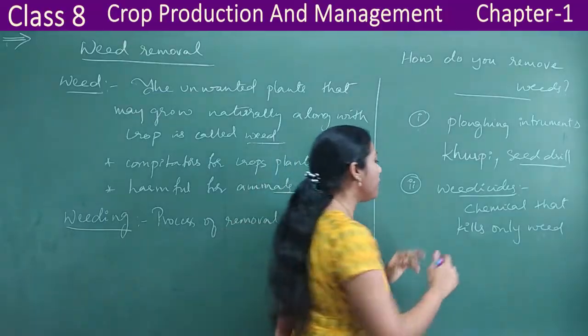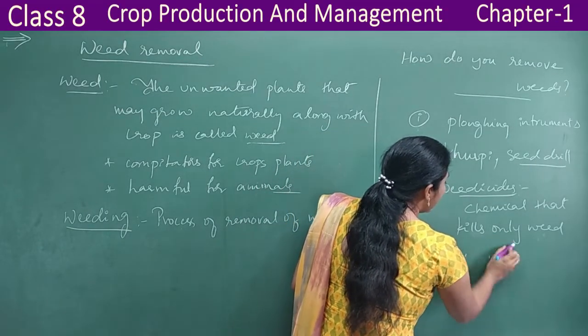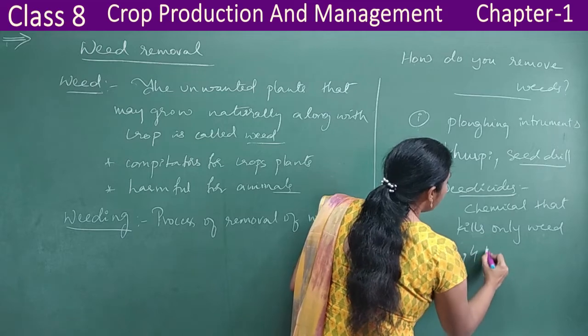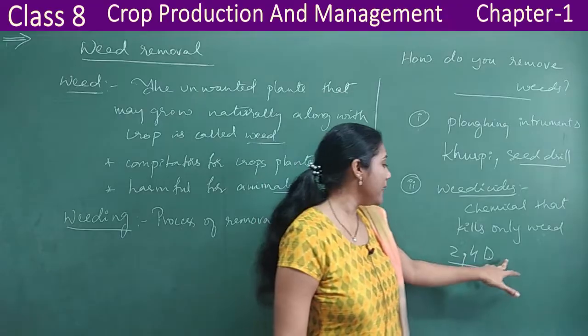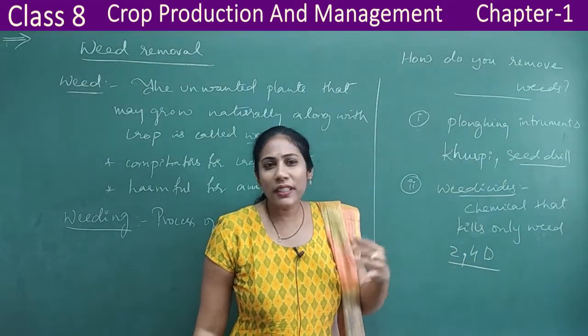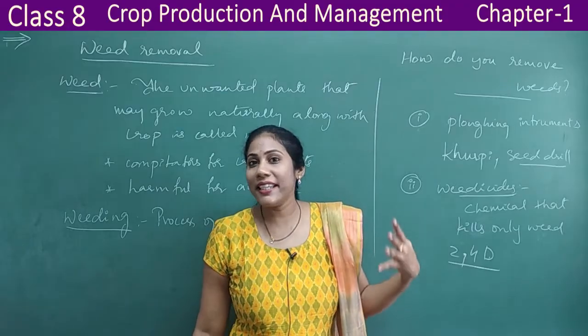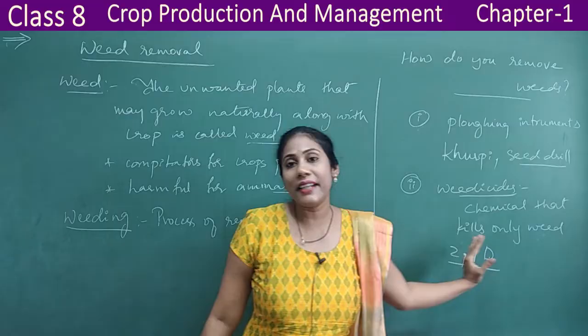One of the best examples of a weedicide is 2,4-D. 2,4-D means dichlorophenoxyacetic acid. You will study the names of chemicals at a much higher level, so there is no need to remember the entire name now.